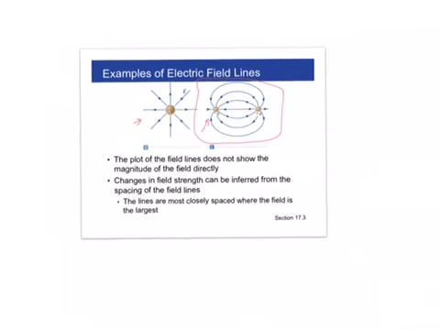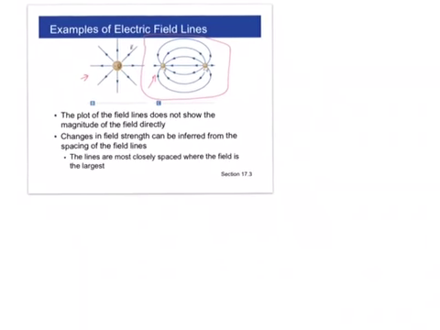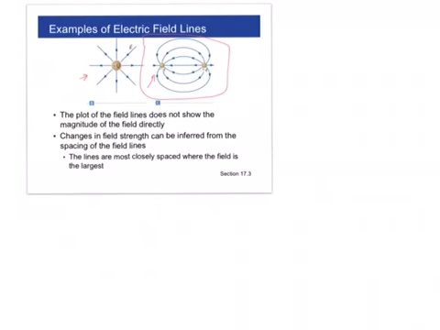The schematic representation of electric field doesn't really give us strength of electric field. It gives us direction. However, we can estimate if electric field is strong or weak by just looking at the density of the electric field lines.